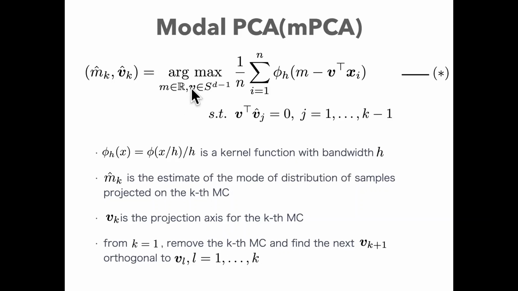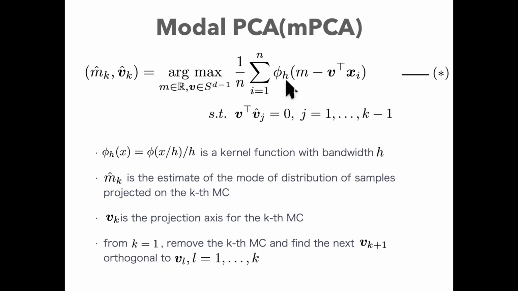And v is a projection vector, so it is constrained to the unit sphere. Here, phi_h is a kernel function with bandwidth parameter h, and we consider a standard Gaussian kernel function.